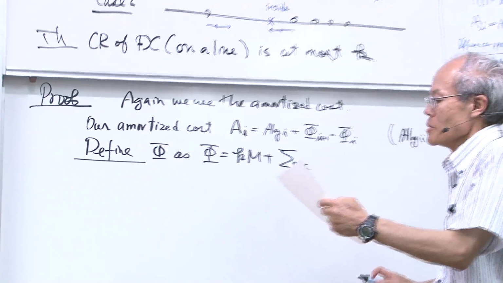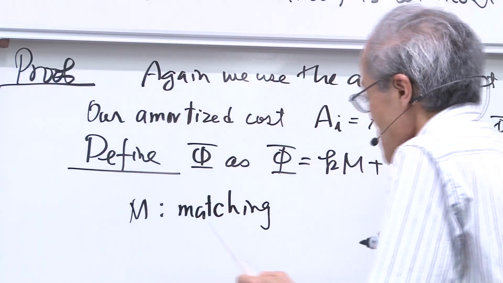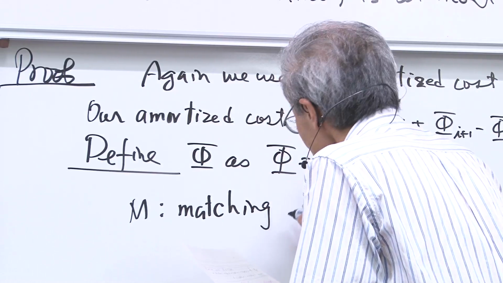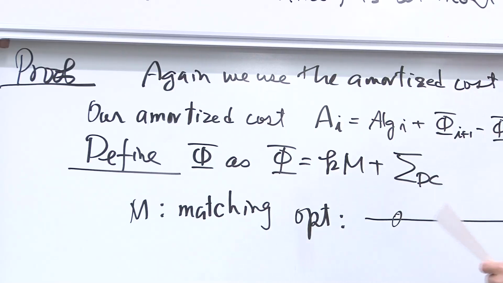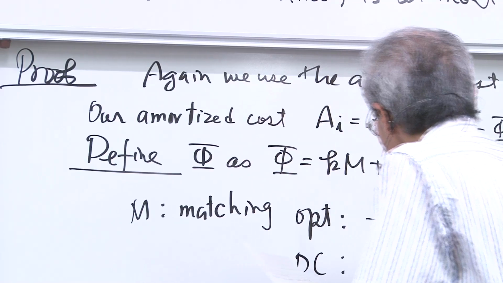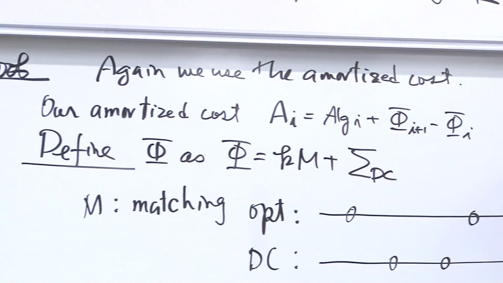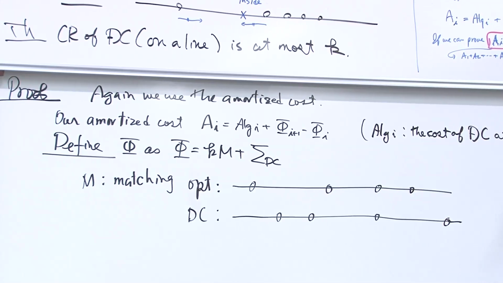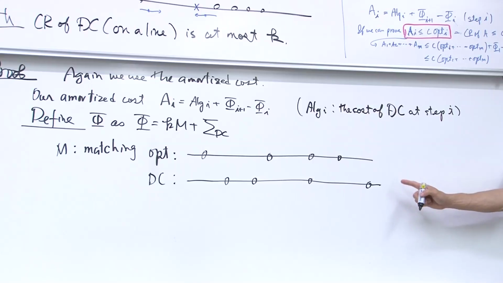Here, M is a matching. Meaning, suppose that this is a distribution of the servers, the distribution of servers of opt, and this is a distribution of DC.